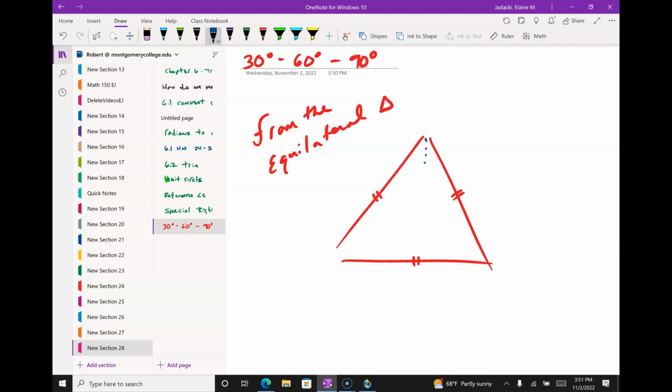What we do is we draw a perpendicular. So we knew the angles were all originally 60s, right? So now we got a 60 here, we've got a 90 here, and that means this one's got to be 30, right? Because all the angles add up to 180. You remember that from high school geometry? All the angles of a triangle add up to 180.